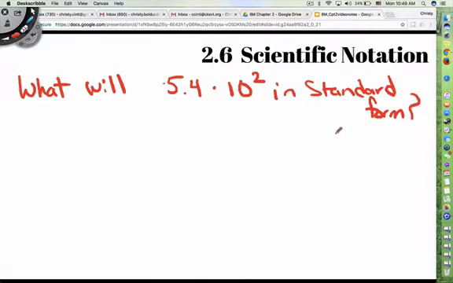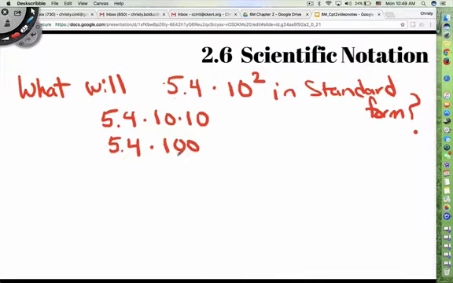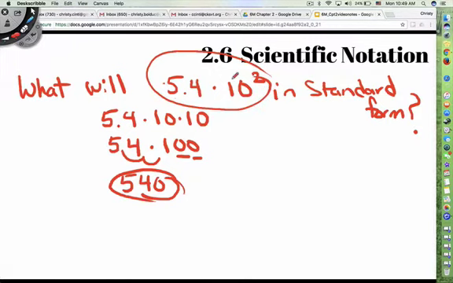And what you will do is you will say, okay, well, I'll expand it to 5.4 times 10 times 10. 5.4 times 100, and that's 2 zeros here, so you move the decimal 2 places, and so it's 540. Okay, that's what this is equal to. Same exact thing. And that's kind of the only type of question that you might be asked.